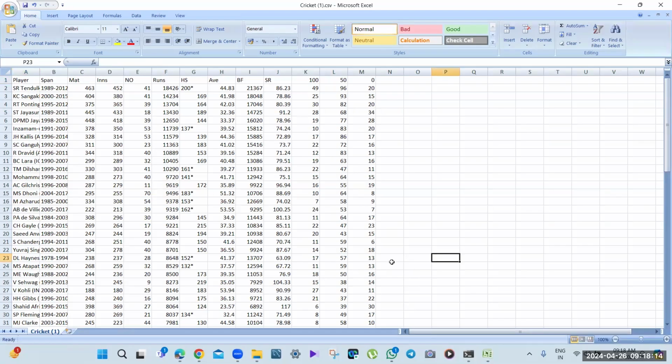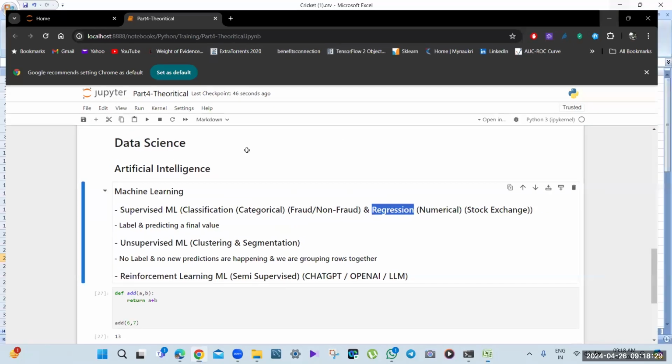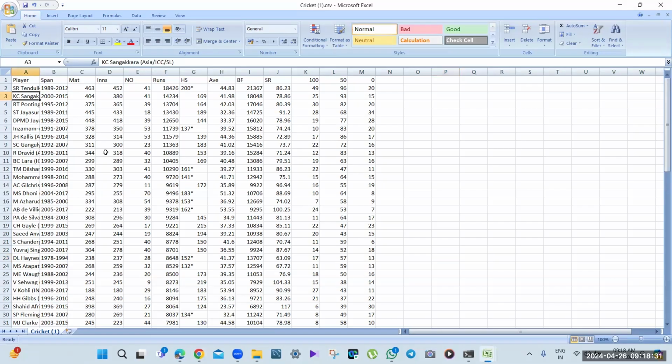Supervised we have seen: it has to classify or regress. Now, if the requirement is to not do any of this, this is a cricket data set that we have, with the player, how long they have played, matches, innings, runs, high score, number of hundreds, fifties, zeros, strike rate, everything.